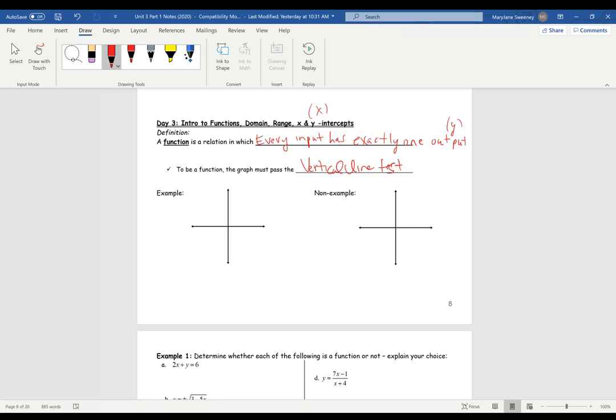So, example of a function, you get a parabola, opening up, opening down, a horizontal line would pass the vertical line test. Let's say a cube root function. Your 1 over x function, there are asymptotes, but it goes like this.